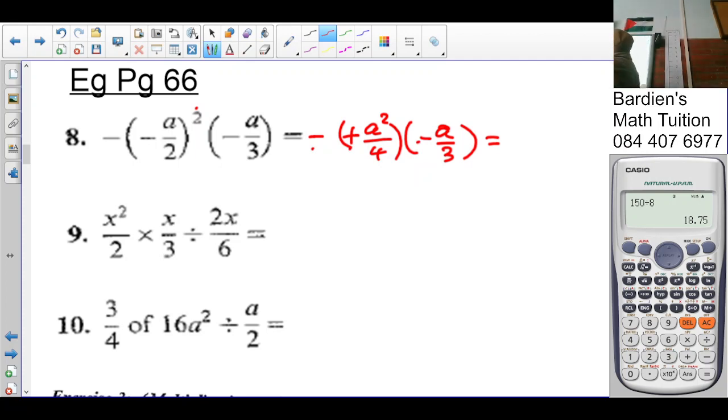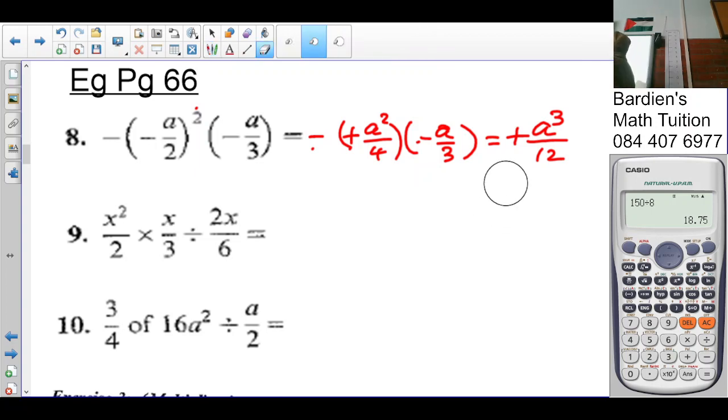Negative times negative, positive. A squared times a, a cubed over 3 times 4. I didn't need to write that positive sign, not so? Right, you guys got it?